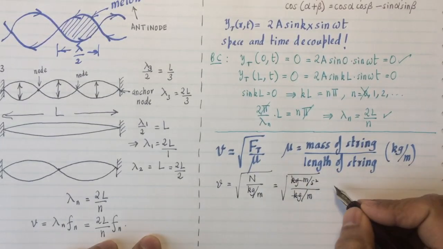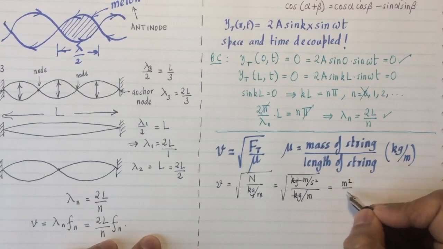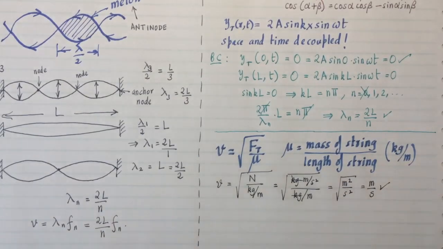I get rid of a kg. That meter goes upstairs, and it becomes meters squared per second squared, and that is meters per second. So it does give us what you expect in terms of dimensions at least. Now the actual formula requires a bit of work to derive, and I think I do it in my fact sheet number 24 for those who are interested in the full-blown theory of that formula.